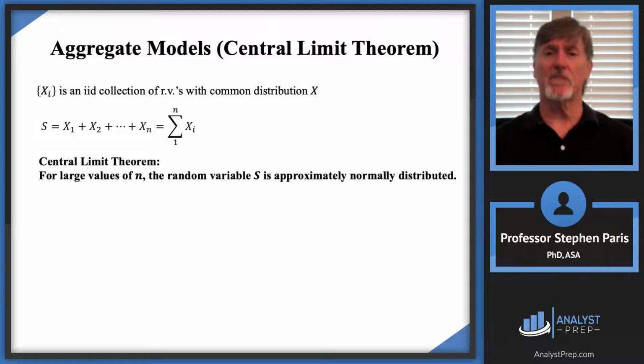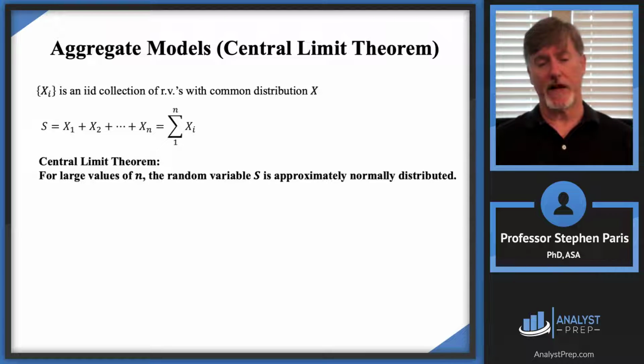It doesn't even have to be a parametric distribution. It might just be given to you in table form or something like that. But if you add up enough of these independent random variables, you'll end up with an approximately normal distribution.